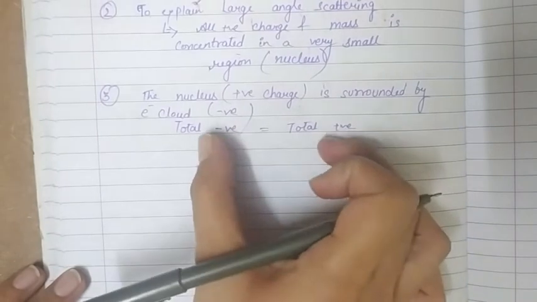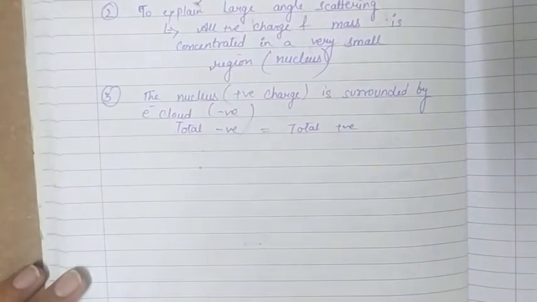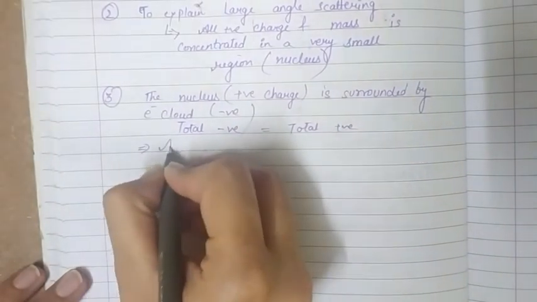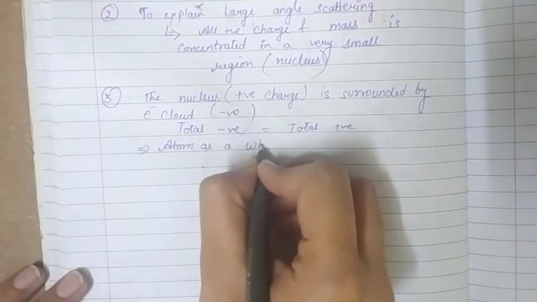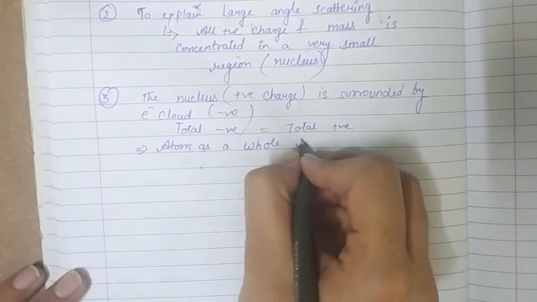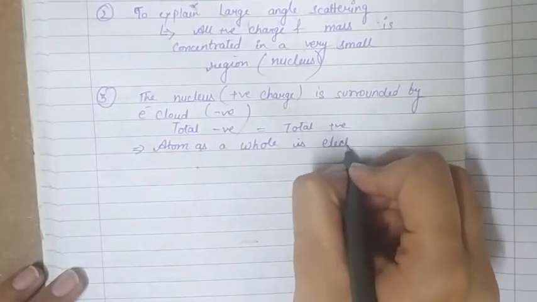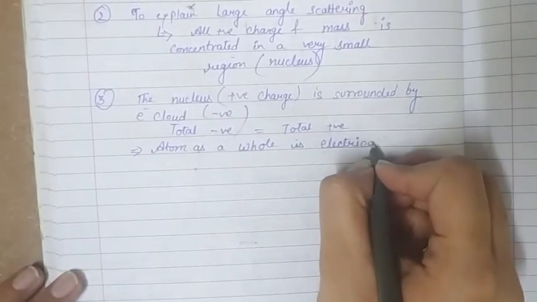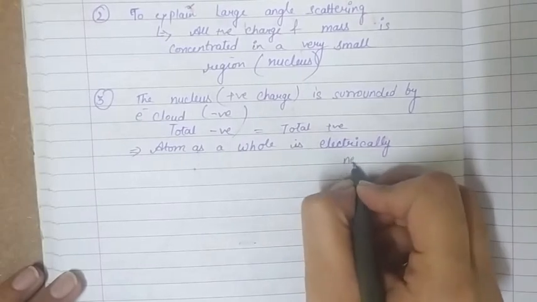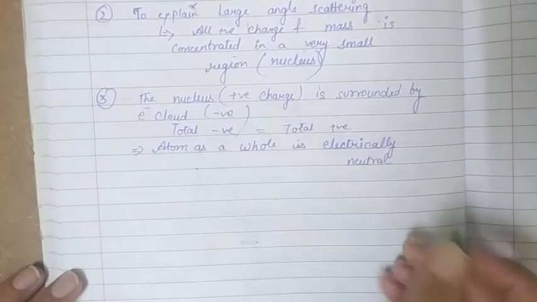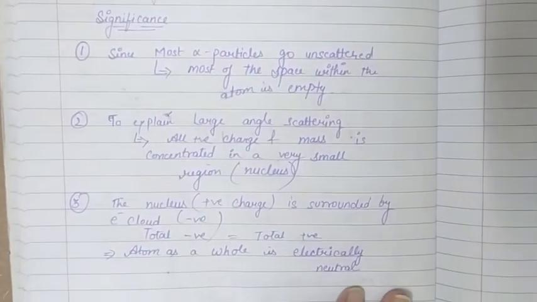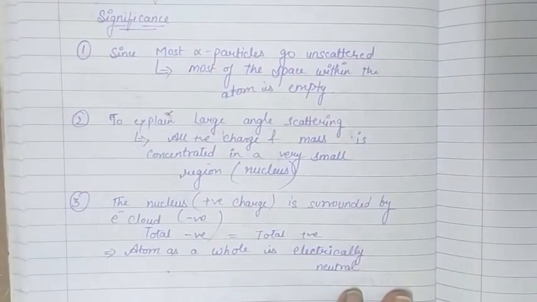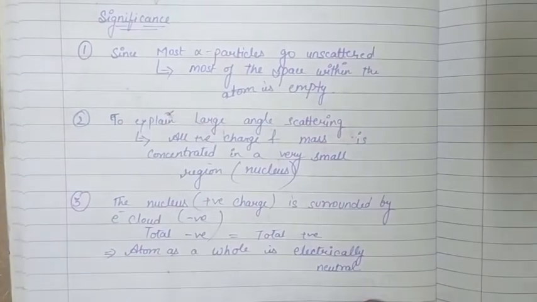So because of this balance, the atom as a whole is electrically neutral, meaning there is no charge on the atom, right? So these are the three significances of the Rutherford experiment. This is how they proved all these facts.